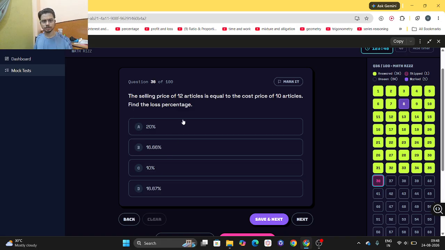Find loss percentage. 12 SP is equal to 10 CP, so SP upon CP is equal to 10 upon 12. So SP upon CP is equal to 5 by 6. 1 by 6 into 100 is 16.66%.